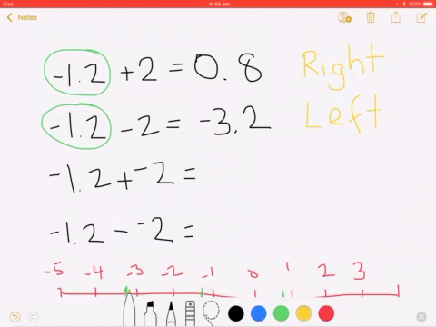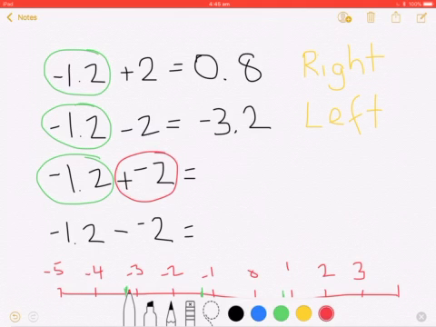Then people get stuck when they get to these ones. But you know what? It's not really any different. You're still starting at negative 1.2. And I know it says plus take, so it says add a negative 2. Here's a really sweet thing. When you've got this, the negative kind of wins out. So, you know, when you're doing self-talk and the positive stuff should win out, well, it doesn't in this case.